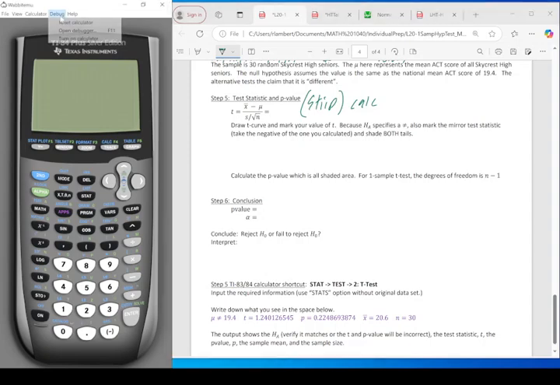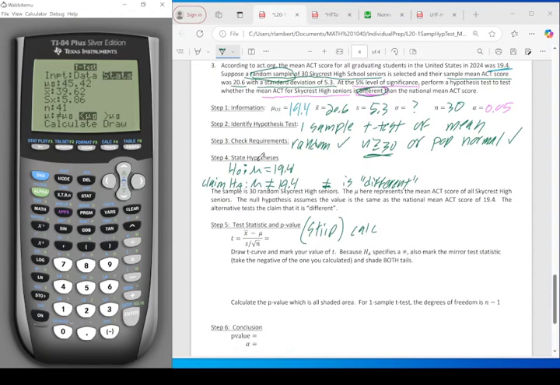So we're doing a t-test. The null hypothesis is that the mean ACT score is the same. The sample mean, so their sample is higher than the national mean, but we have to do more.